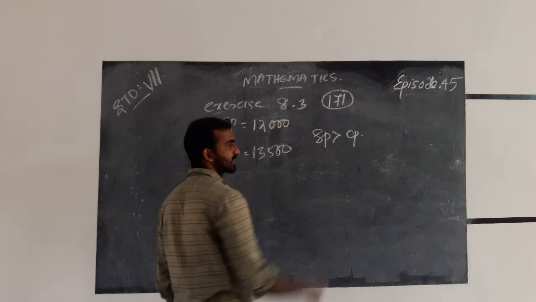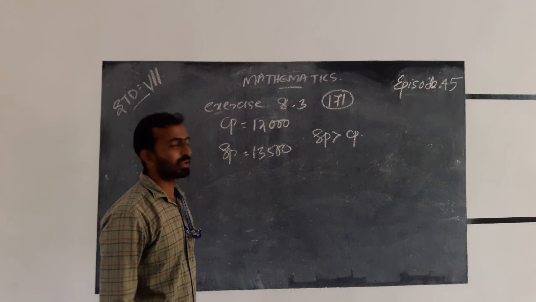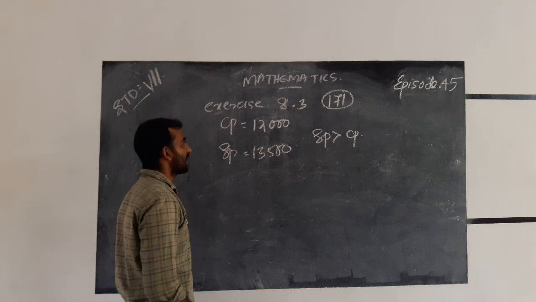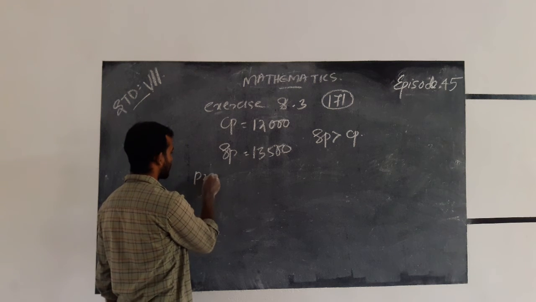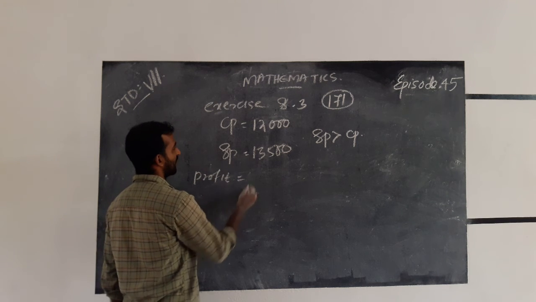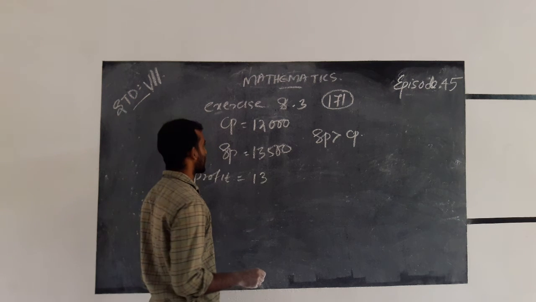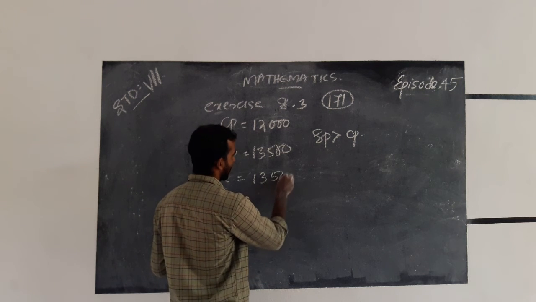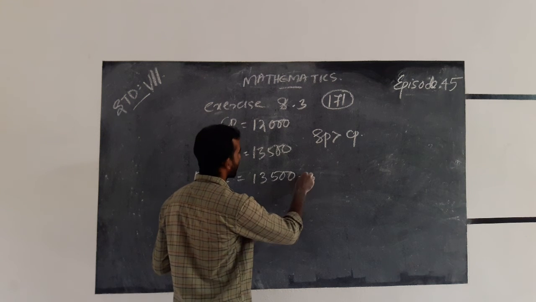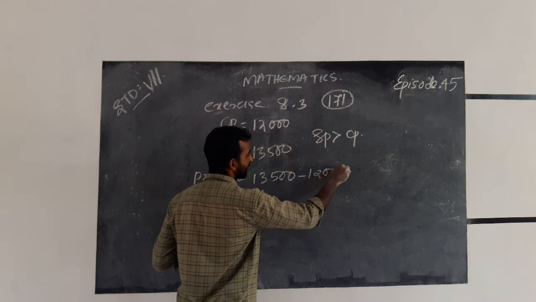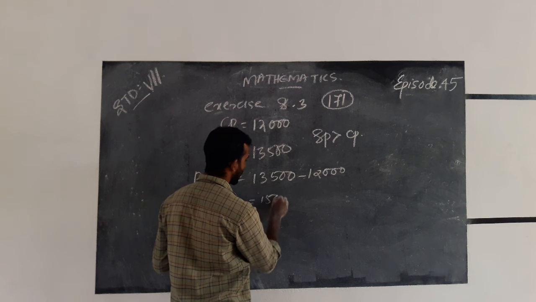The selling price is greater than the cost price, so there also we get profit. Profit equal to selling price minus cost price, that is 13,500 minus 12,000, we get 1,500.